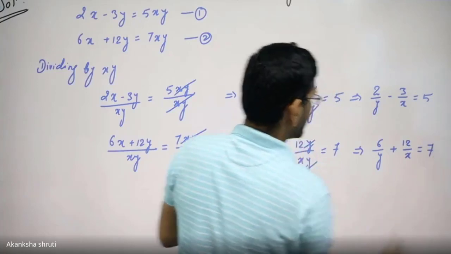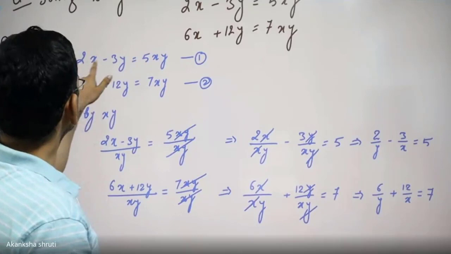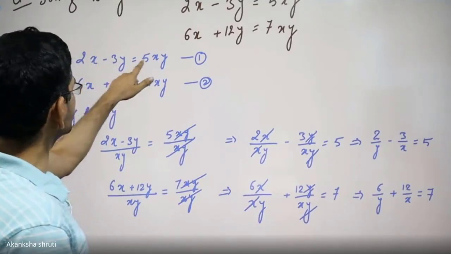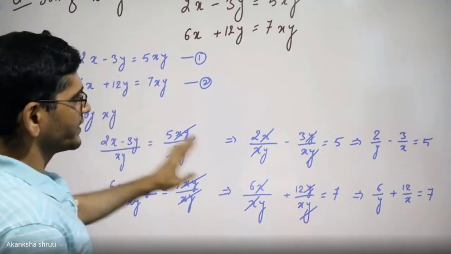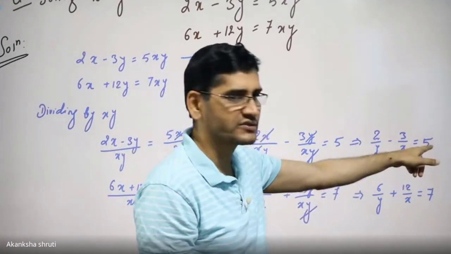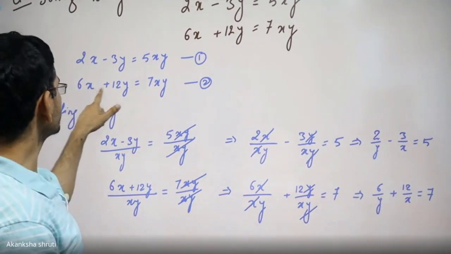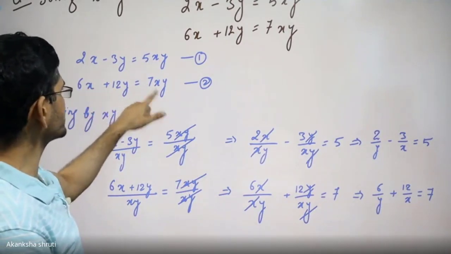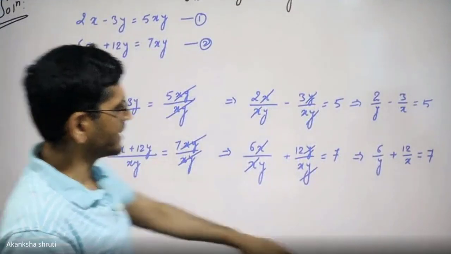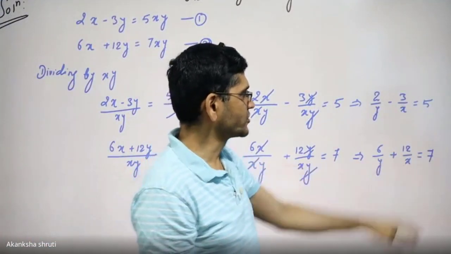Students, keep in mind, the given equation 2x minus 3y equals 5xy is exactly the same as 2 by y minus 3 by x equals 5. Also equation 2, 6x plus 12y equals 7xy, is exactly the same as 6 by y plus 12 by x equals 7.